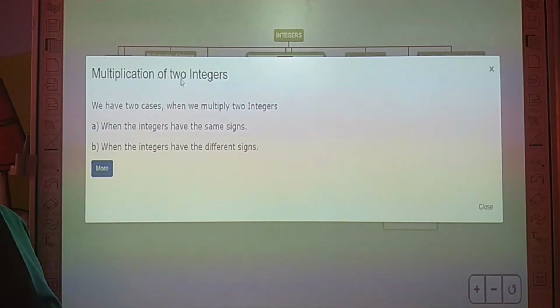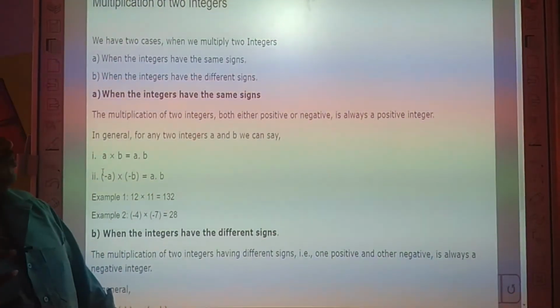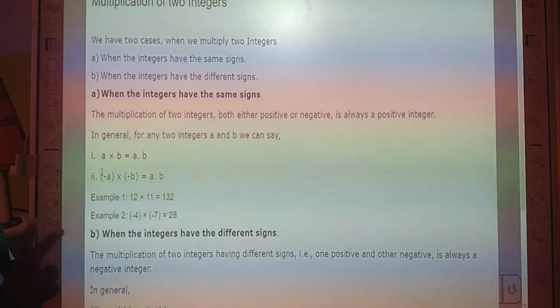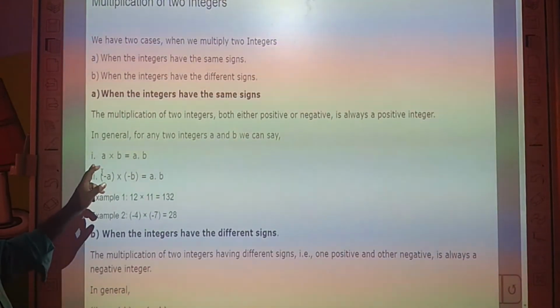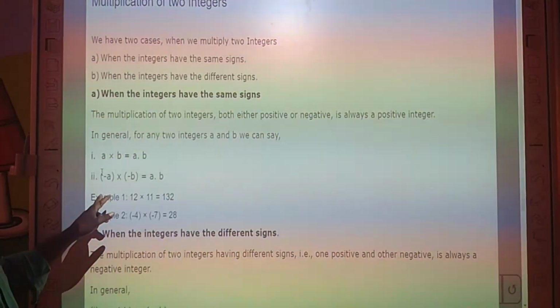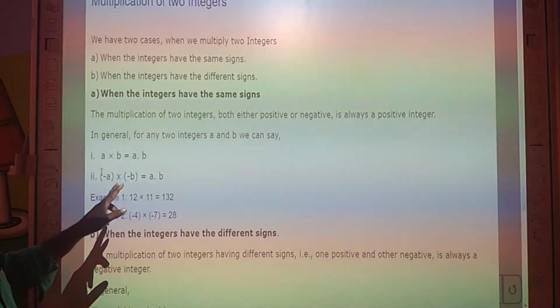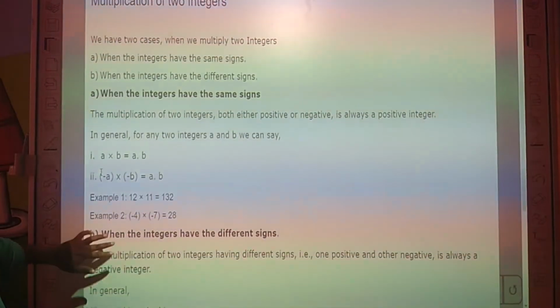Then multiplication of two integers. We have two cases. When we multiply two integers, a into b is equal to a dot b.